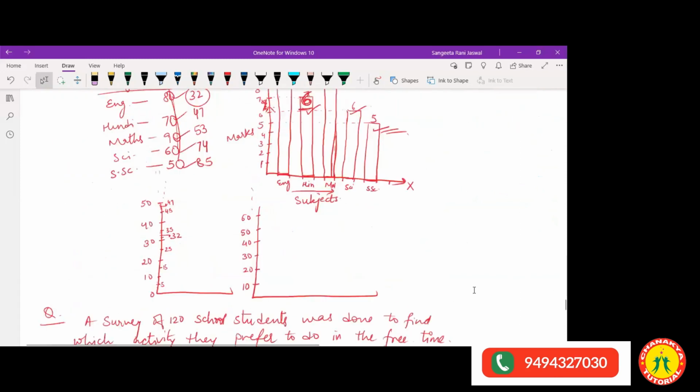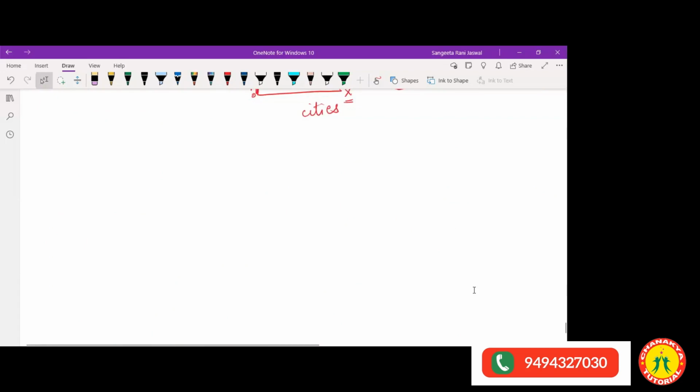Okay, I'm writing the question here. You have to make a pictograph for this.